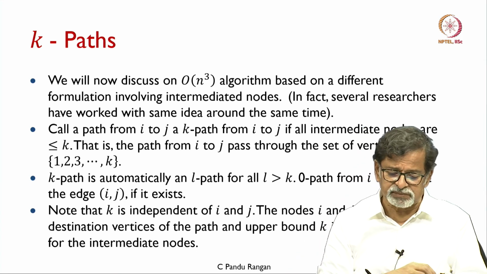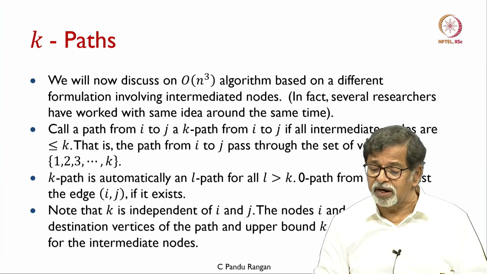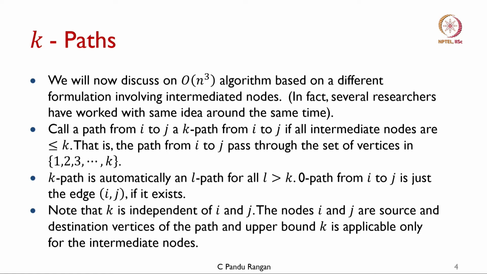Okay. Call a path from i to j a k path from i to j if all intermediate nodes are less than or equal to k. That is, the path from i to j passes through the set of vertices 1 through k. Only these vertices are there.